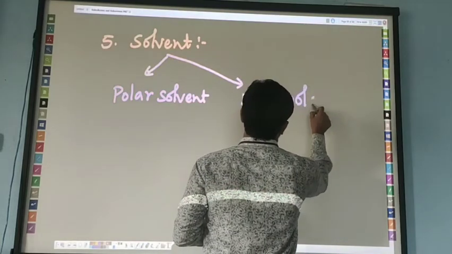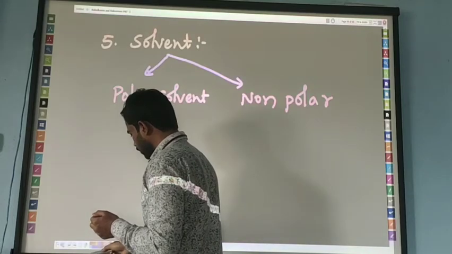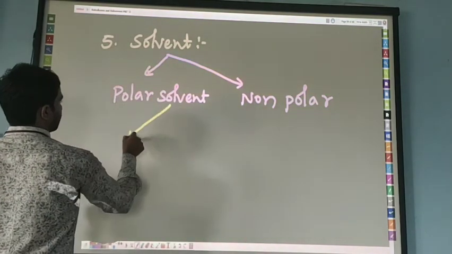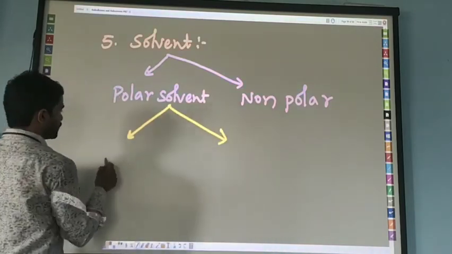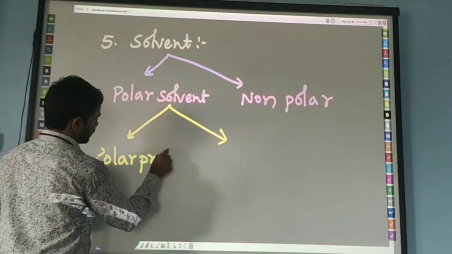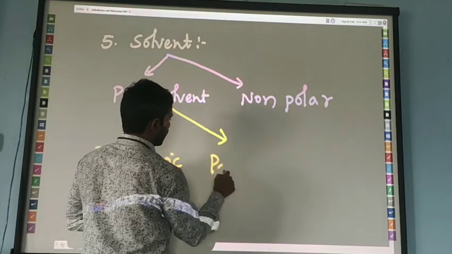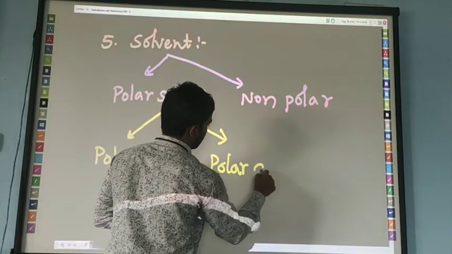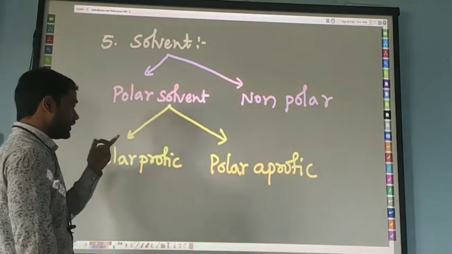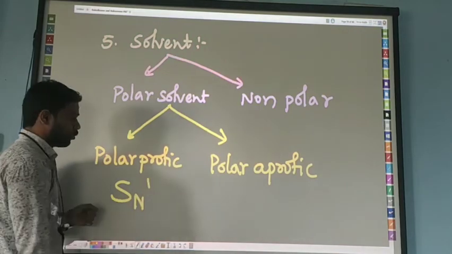In polar solvents, again we have two types. One is polar protic solvent, and the second is polar aprotic solvent. In the case of the SN1 mechanism, we take the polar protic solvent.